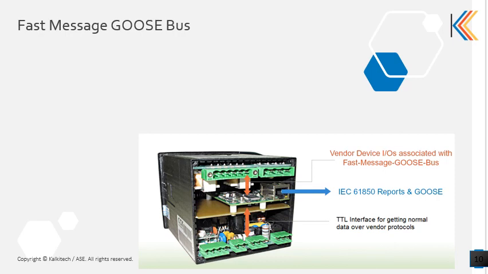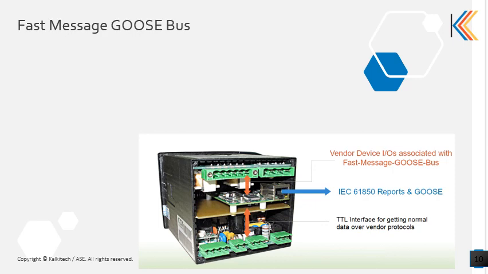So what we support is the general purpose IOs, we call them GPIOs, that can be directly associated with the OEM module, and that is direct IOs that can be associated with the fast message GOOSE bus to associate the inputs directly to the GOOSE publisher and outputs directly to the GOOSE subscriber.